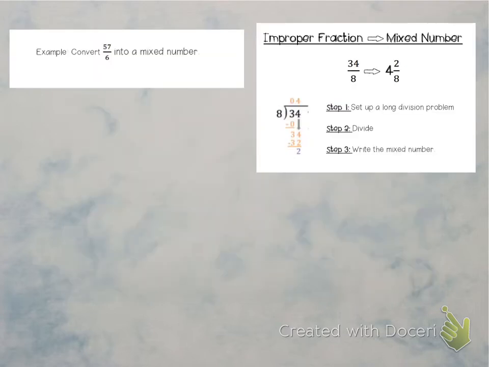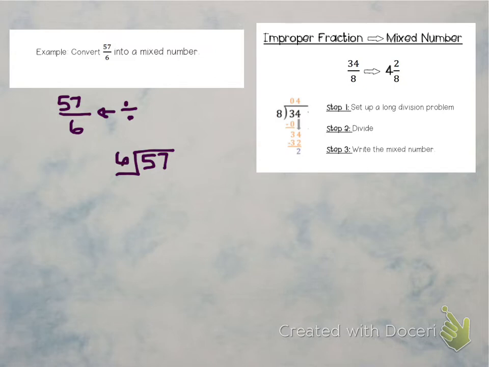Okay, so example, convert 57 over 6. Instead of saying 57 over 6, we're going to say 57 divided by 6. So 57 comes first, so let's write 57 first. Then we're going to build a house over it and then place the 6 right there.